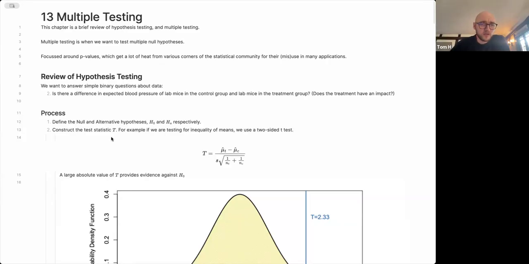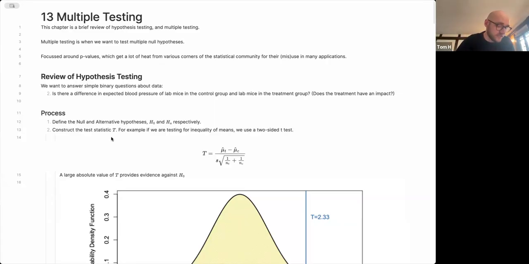Once we've got these more formal hypotheses, we construct the test statistic, which throughout the chapter is called T. The exact form of that test statistic depends on what exactly you're testing. In this example, we are testing for inequality of means, which we do using a two-sided t-test.